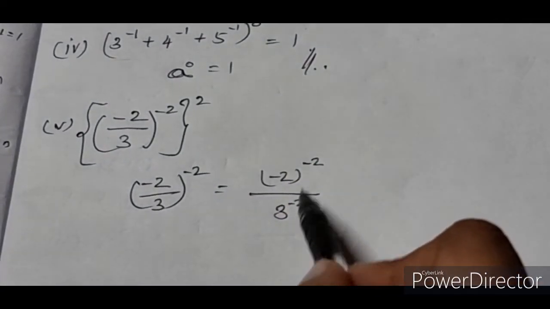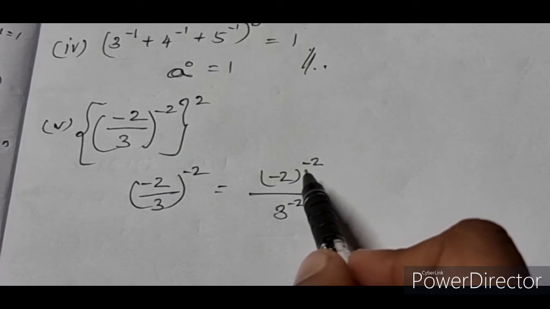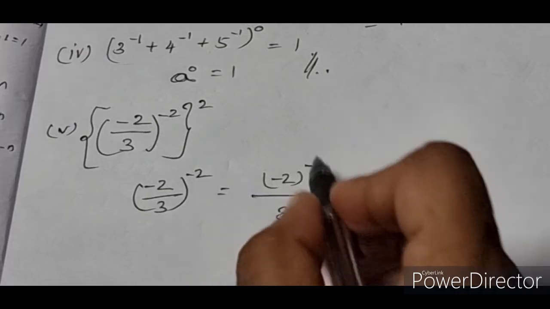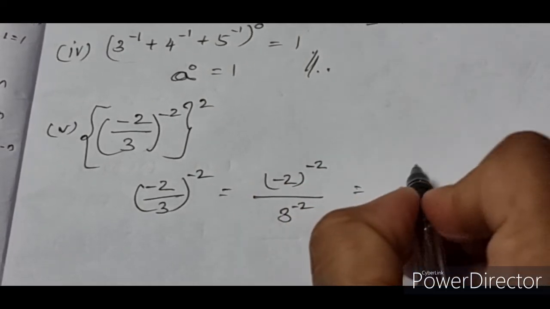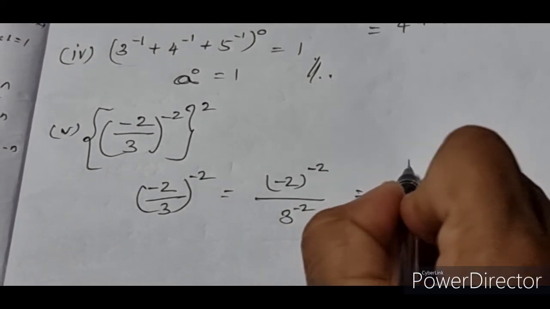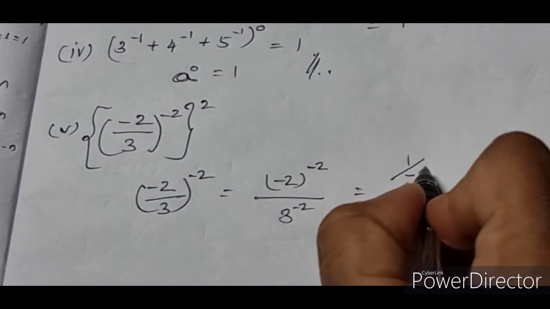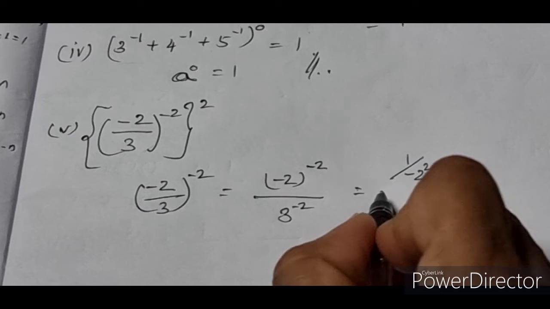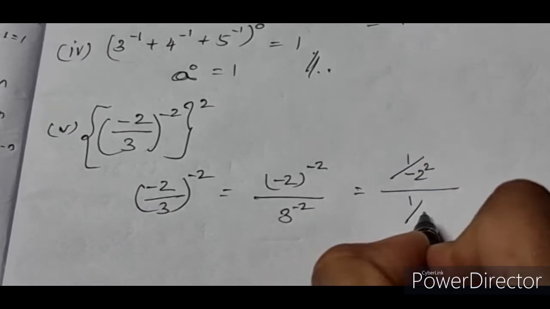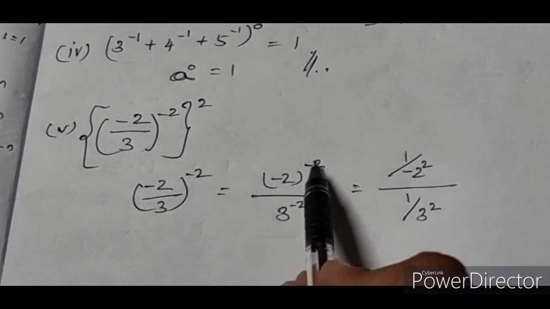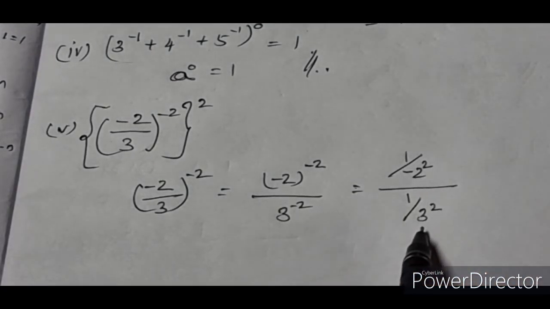So we know to make these powers positive, we need to do a reciprocal. So how do we do that? This is equal to 1 divided by minus 2 to the power 2 whole divided by 1 divided by 3 to the power 2. I'm doing a reciprocal and making these negative powers positive.